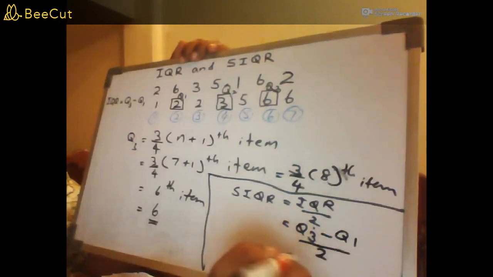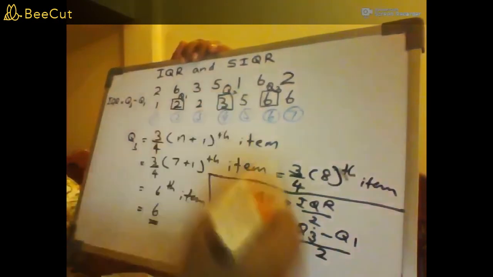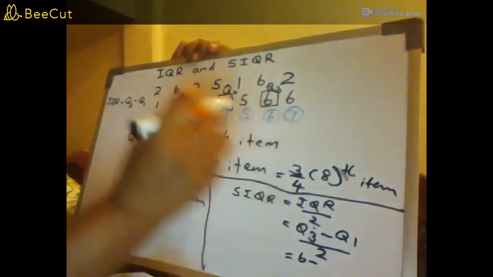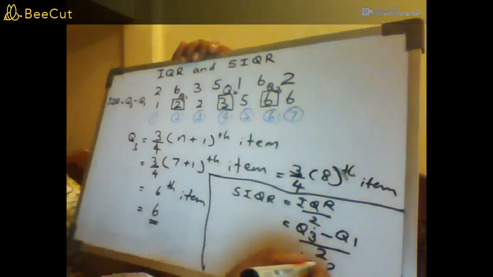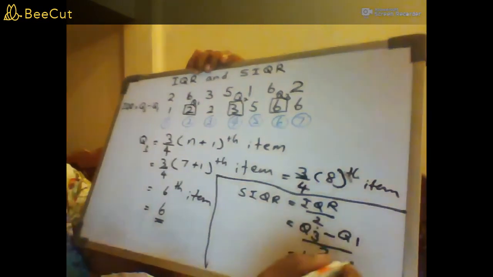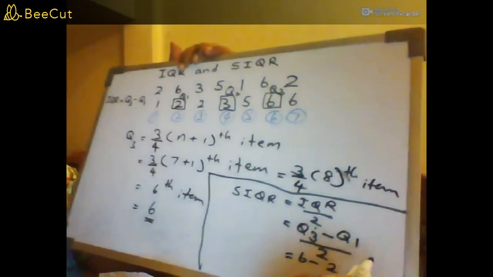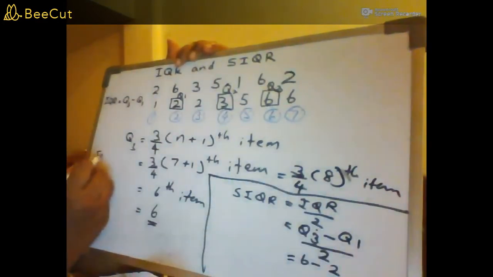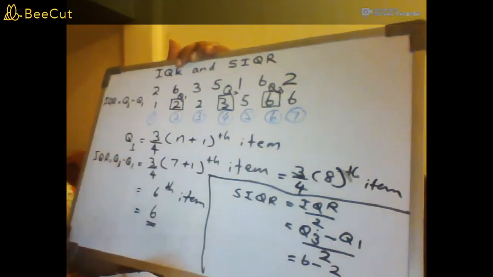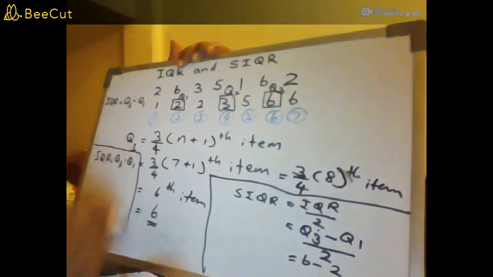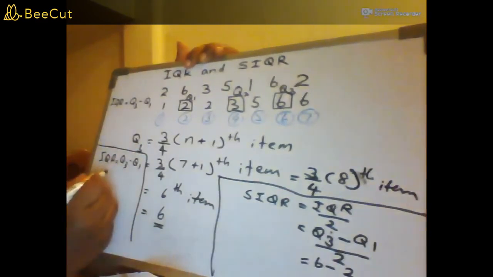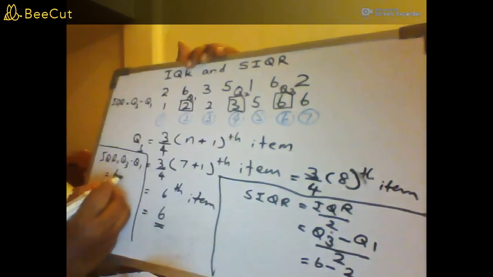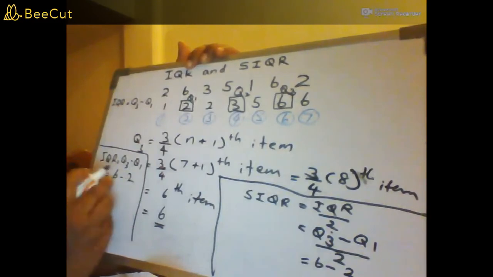Q3 is 6, minus Q1, 2. So 6 minus 2 is our IQR. The answer is 4.